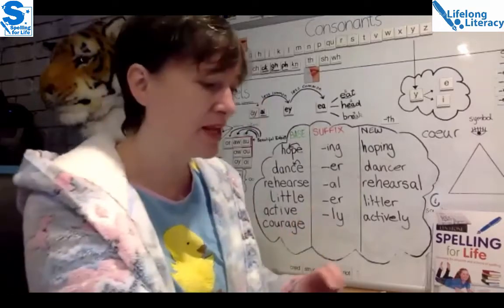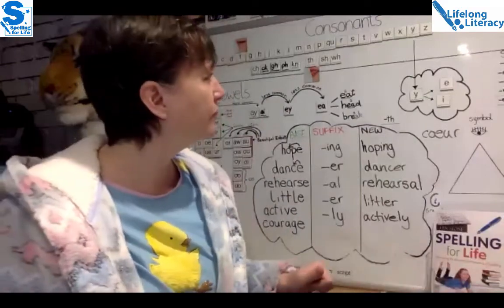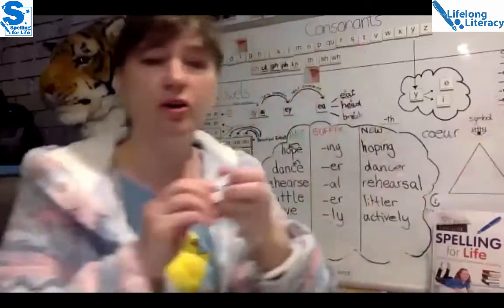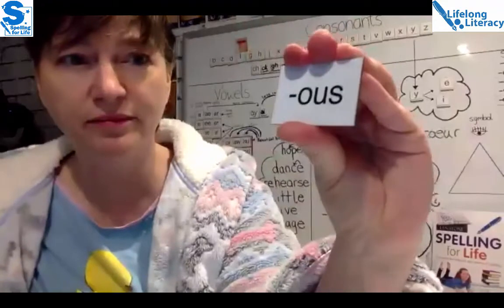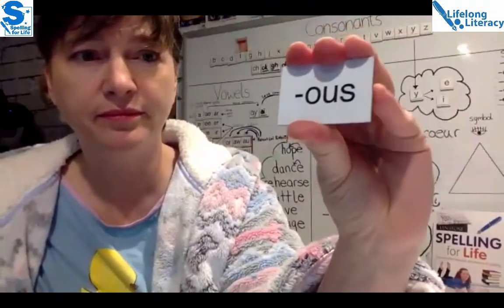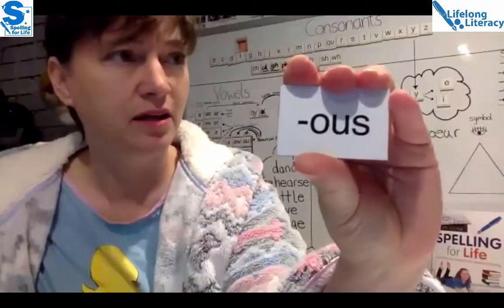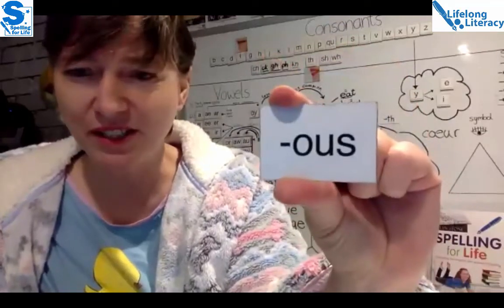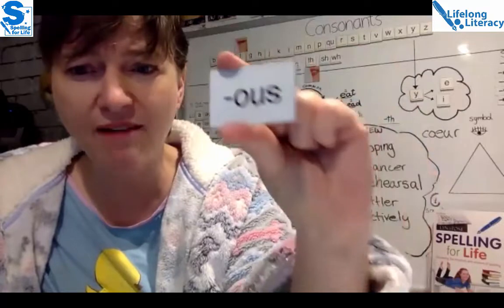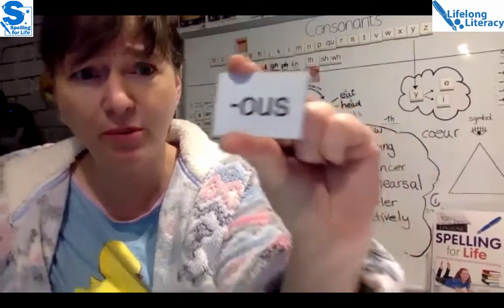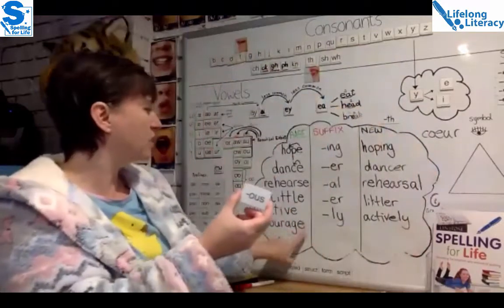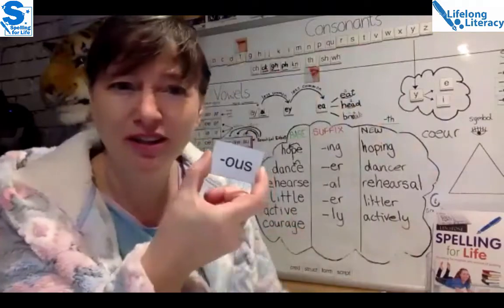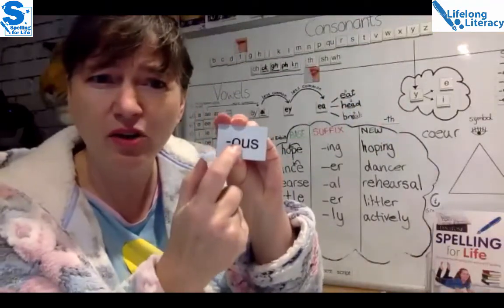But here's the thing. If you are full of courage, you are courageous. Courageous. That's a vowel suffix, isn't it? Right? But we have a problem. If the G is going to continue saying J, O is not going to cut it.